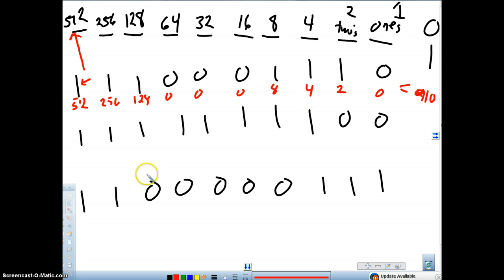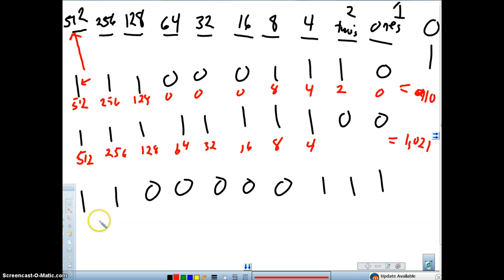here's your number. You already got it? Yeah. What is it? 520. 520. Okay, so what do we do? We take 512 plus 256 plus 128 plus 64 plus 32 plus 16 plus 8 plus 4, 1021.